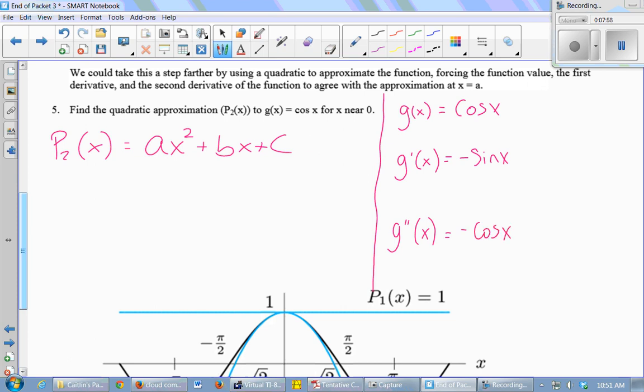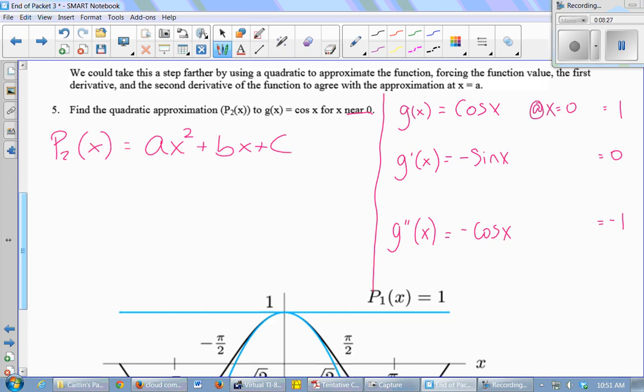So then I want to evaluate each of these at x equals 0, because that's where I'm trying to make all these things match. I want to have an approximation near 0. So what's the cosine of 0? 1. Okay, what's the sine of 0? 0, so the negative sign doesn't matter, right? And the cosine of 0 is 1, but I have a negative in front, so this is negative 1.